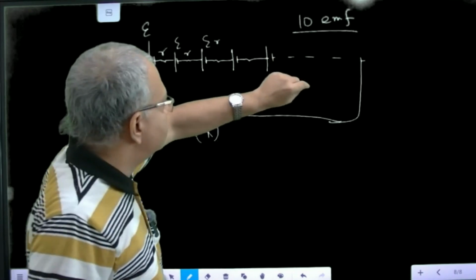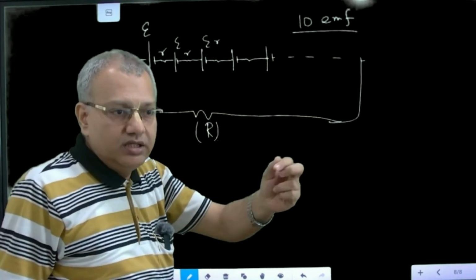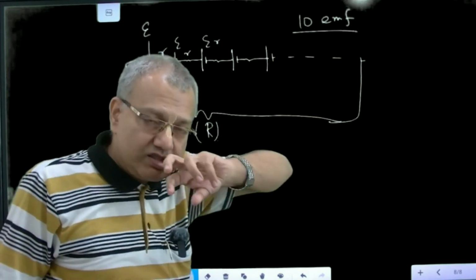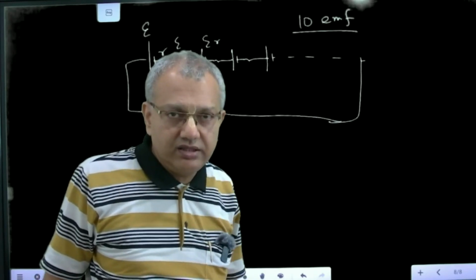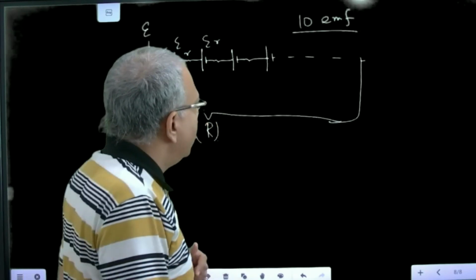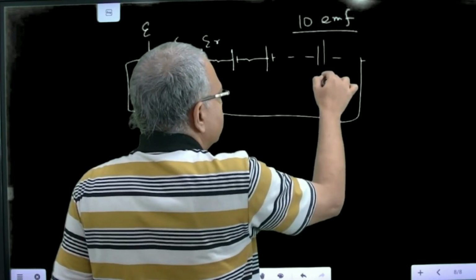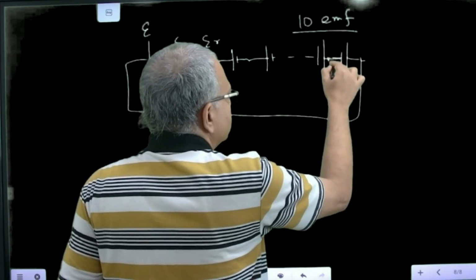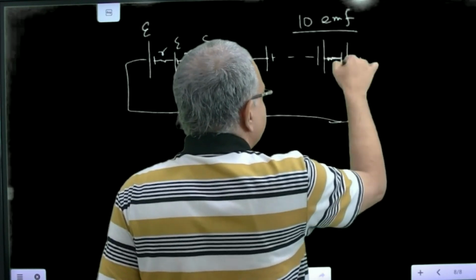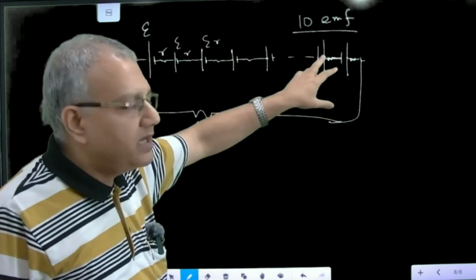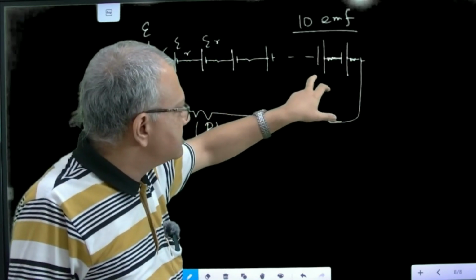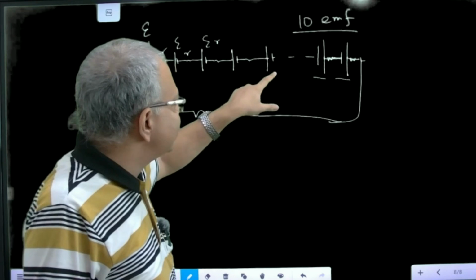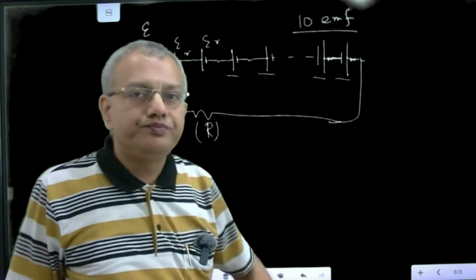Now, inversely, I have reversed that connection. I've connected 1, 2, like this. So ultimately, we can observe from here that this 2 will cancel another 2.